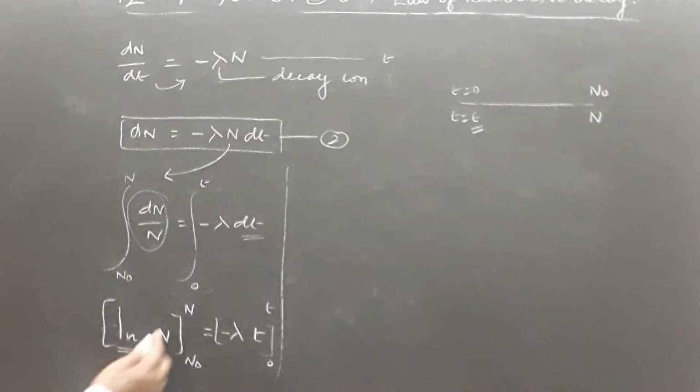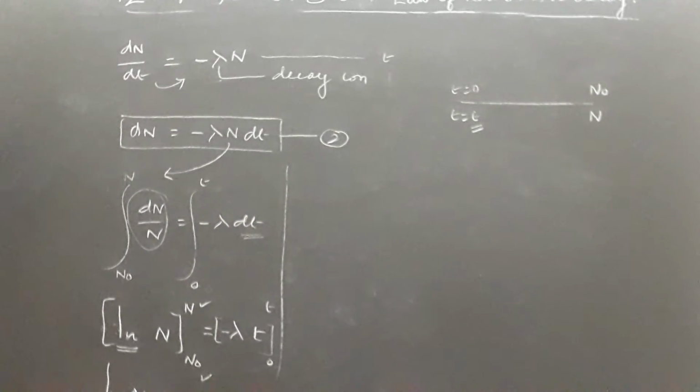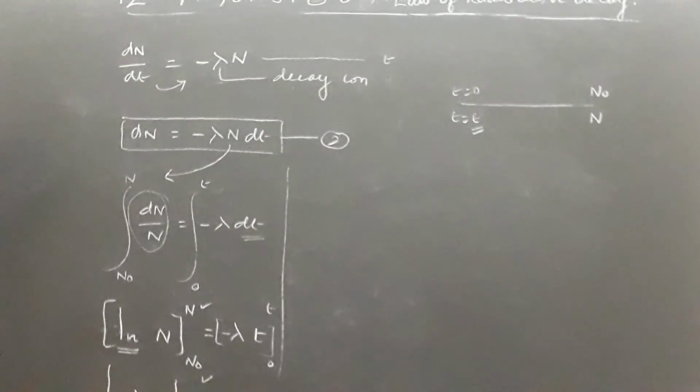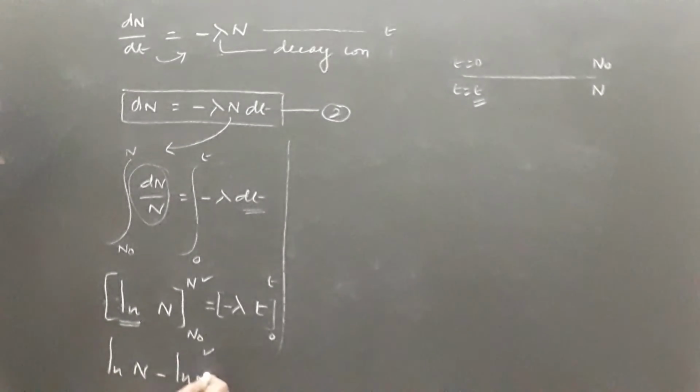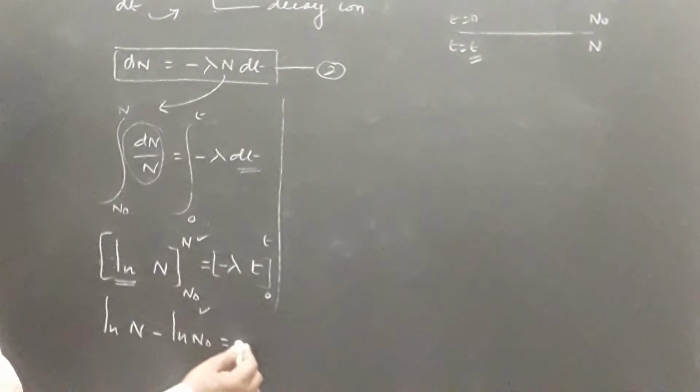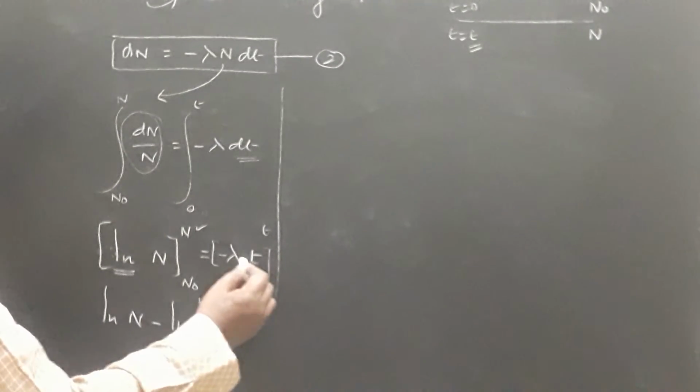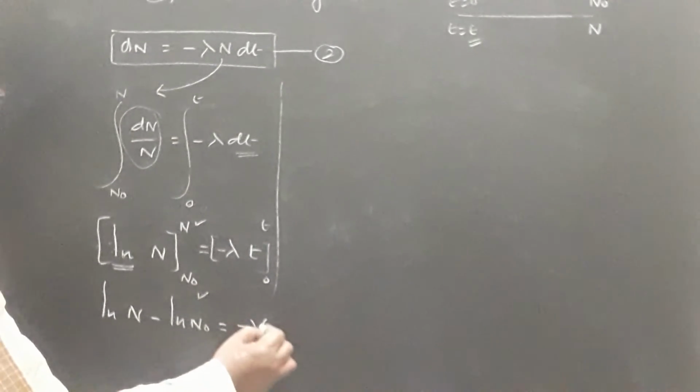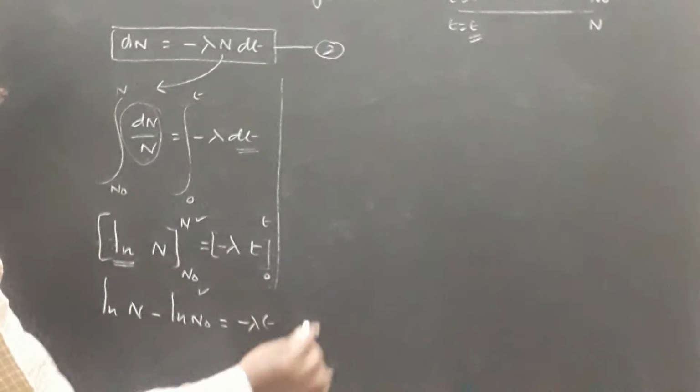Now, putting the upper limit minus the lower limit, we get natural log of N minus natural log of N naught. On the right side, when you put t and then t equals 0, everything is 0.